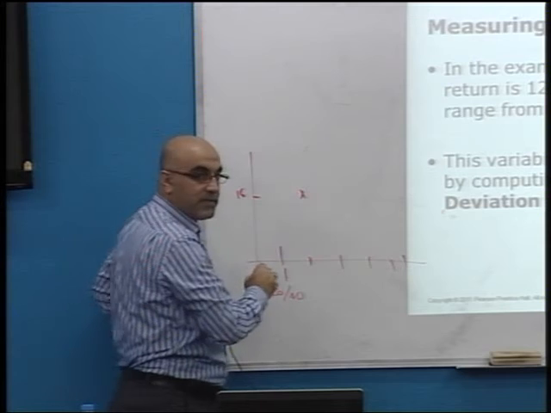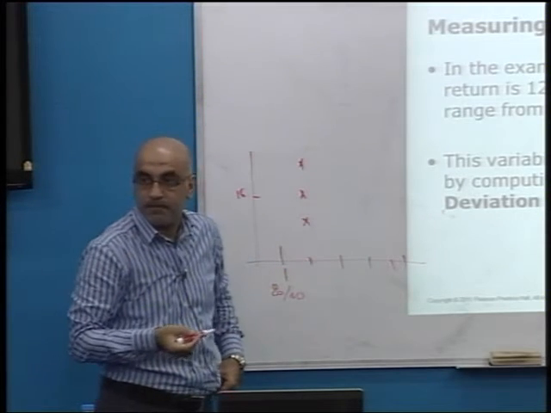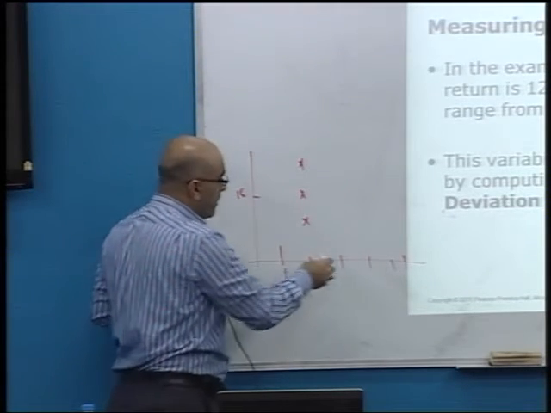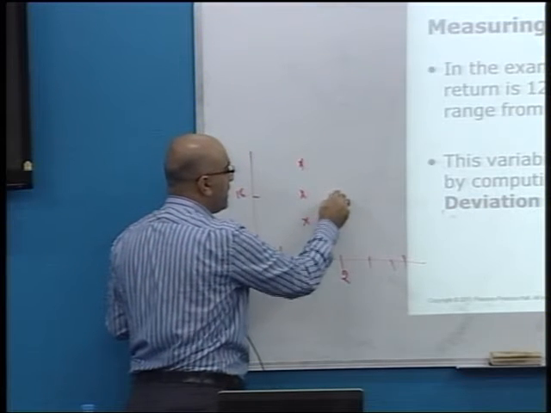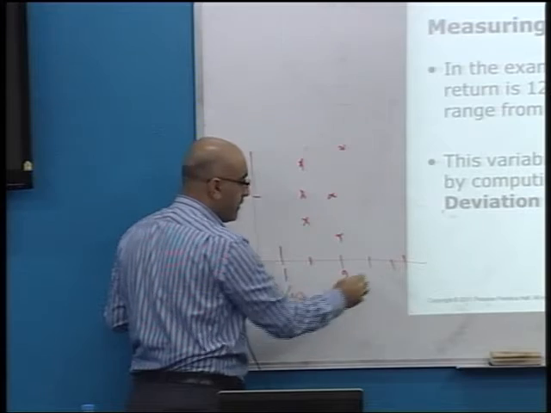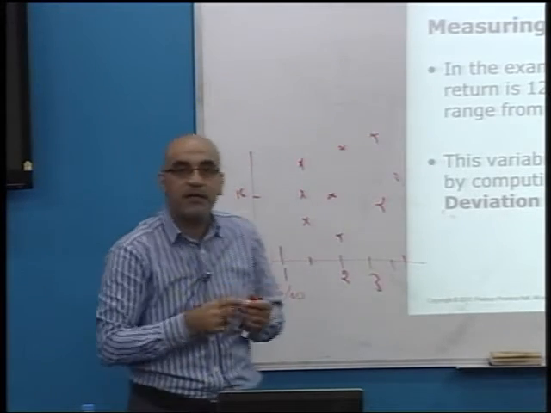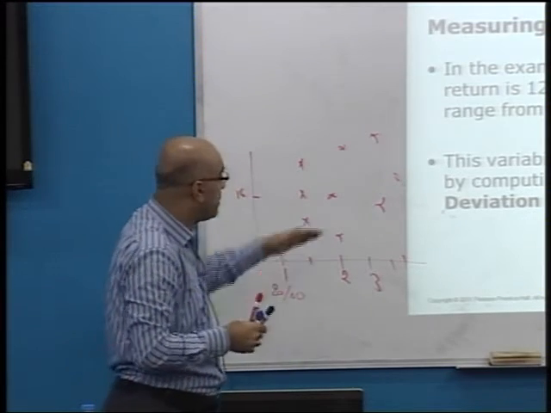Tomorrow the price could be here, could be here, could be here. We don't know, because tomorrow is uncertain. The next day, the price could be here, could be somewhere else. In the third day, the price fluctuates because we don't know exactly what is going to happen tomorrow.